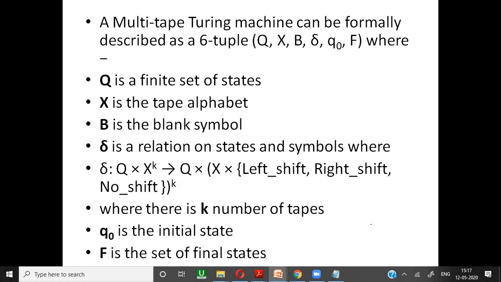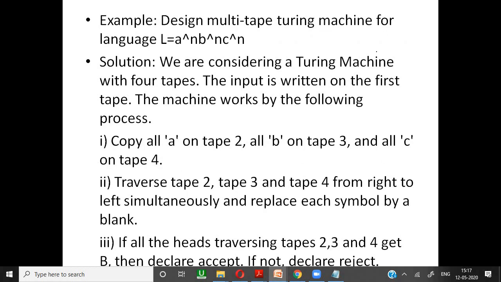Every Turing machine has the same definition, so multi-tape also has the same definition: Q, X, B, delta, Q naught, F, everything is the same. Here we are going to design a multi-tape Turing machine for the language a to the power of n, b to the power of n, c to the power of n.